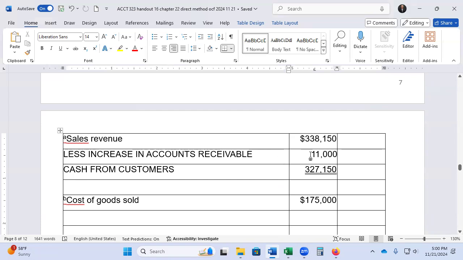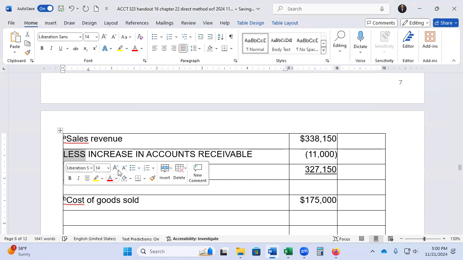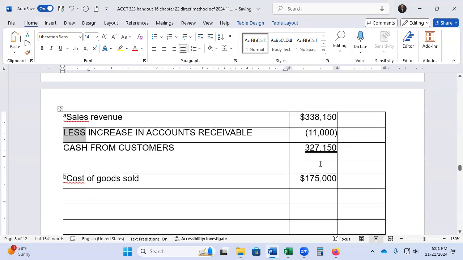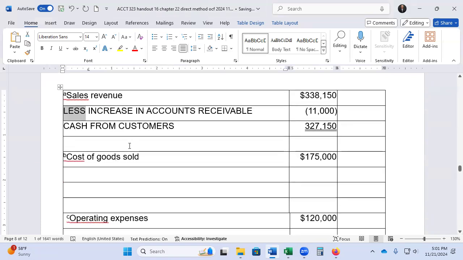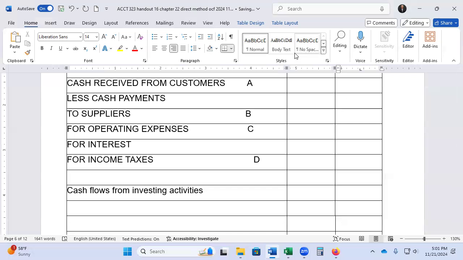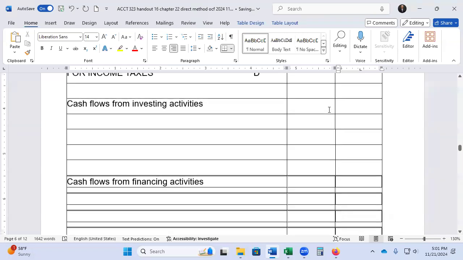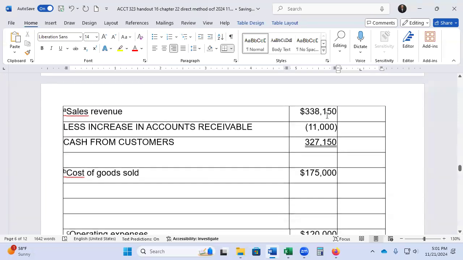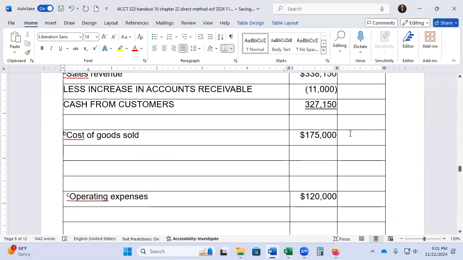If you want to put brackets on these, that's fine. I don't get crabby about that, and it may help you. For me, if I see this less over here, then I don't put brackets on it, because less a negative would be a positive. So we put that in here, 327,150. Now we've got to look at our cash payments to suppliers. So we go down to Schedule B. We start with our cost of goods sold, which was 175,000. That comes right off the income statement.